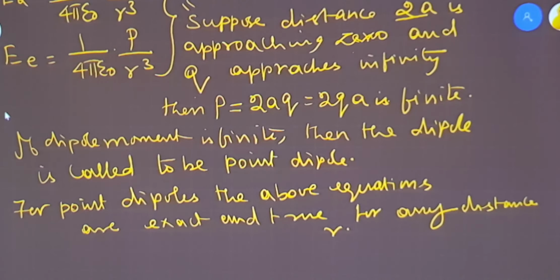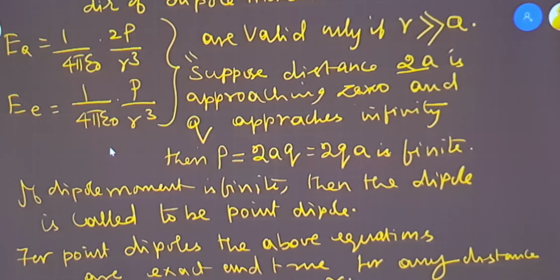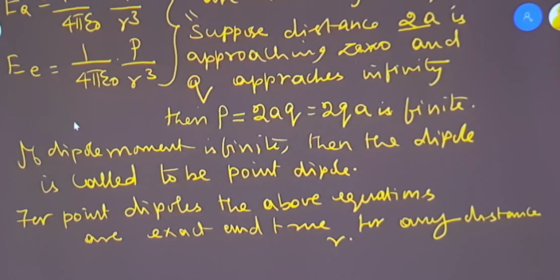What is the third point? The values of EA and EE are 1 by 4 pi epsilon 0, 2p divided by r cube, and 1 by 4 pi epsilon 0, p by r cube. These two equations are valid only if the distance r is very much greater than a; then only we can neglect the value of a. Suppose the distance 2a between the two charges goes on decreasing towards 0, and the charge q goes on increasing towards infinity.